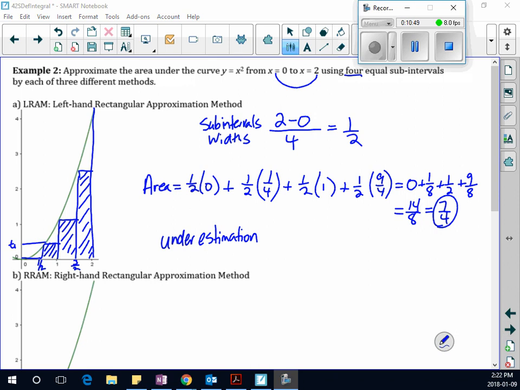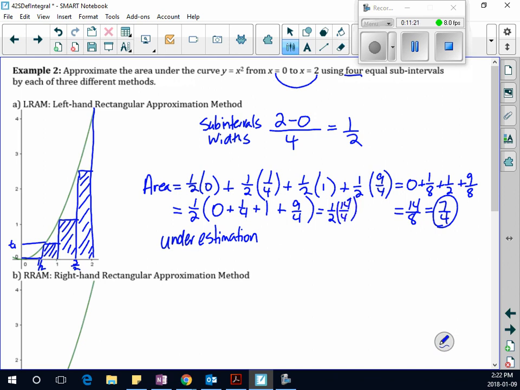By the way, there's a much faster way. Does everybody see the width is a half for all of them? So if you would have just gone 1/2 times the sum of the heights, so 0 plus 1/4 plus 1 plus 9/4, you would have got 1/2 times 1/4 and 9/4 is 10/4, and 4/4 is 14/4, right?